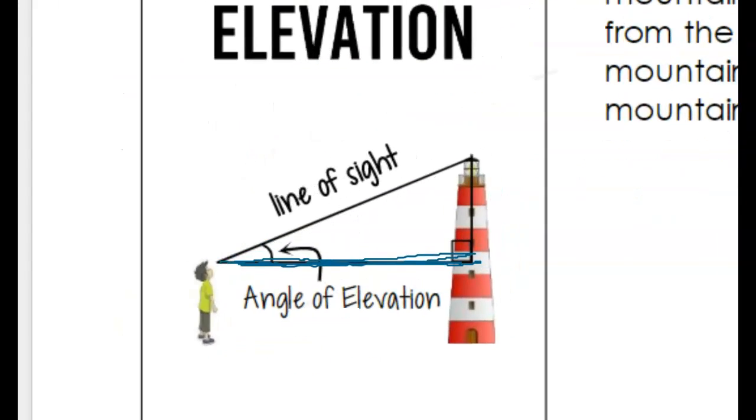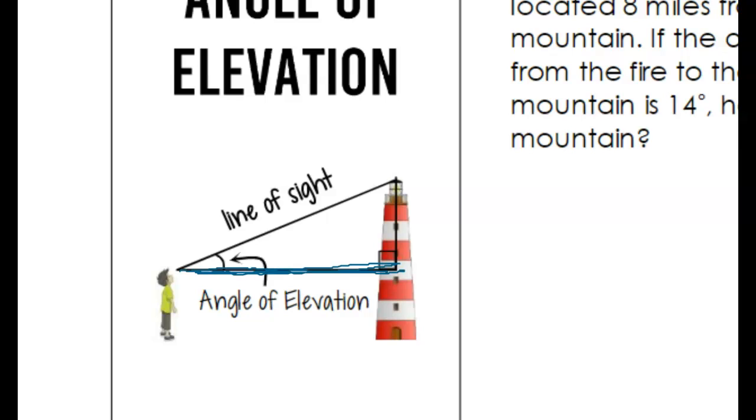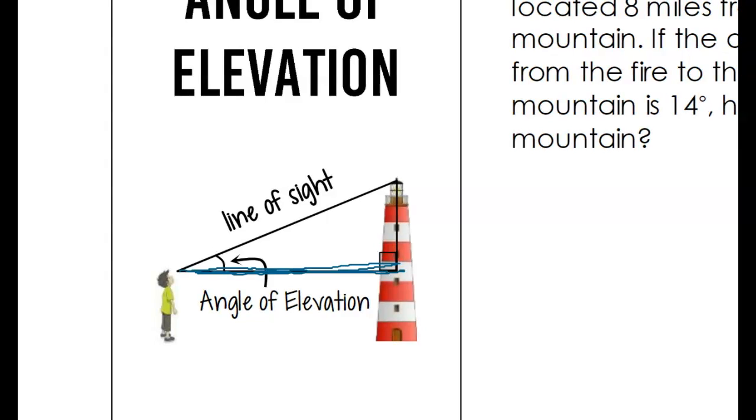The angle going up from the horizontal is called your angle of elevation. Elevation is going up. So here, this angle is going upward to this line of sight. This is our angle of elevation. It's always starting from a horizontal line going upward. Always, always, always.